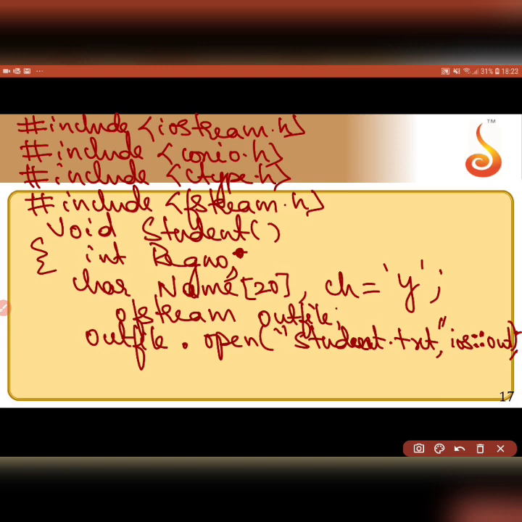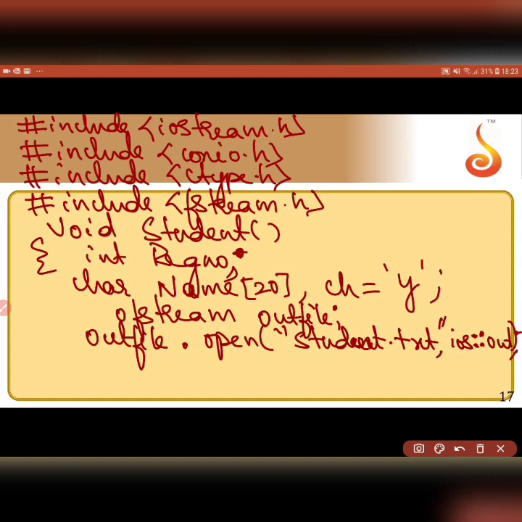So what have I done here? I have declared int registration number, char name of maximum 20 characters length, and one more variable ch which has an initial value y in lowercase. After that, I am creating an object of the ofstream class. The name of the object is outfile. Why am I creating an object of the ofstream class? Because I am going to write the details to the file.